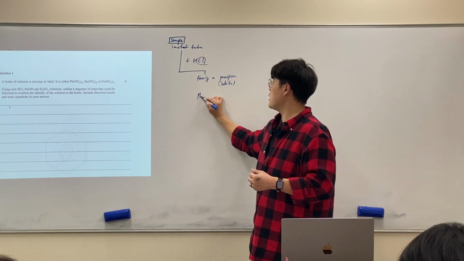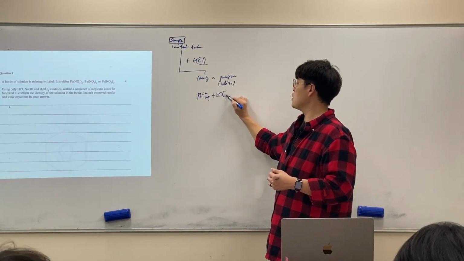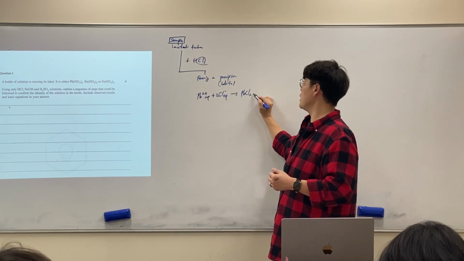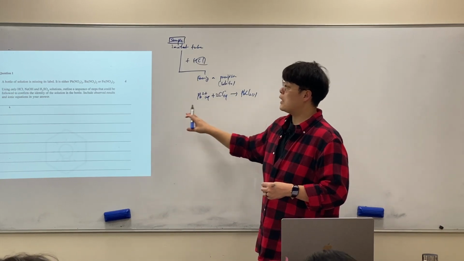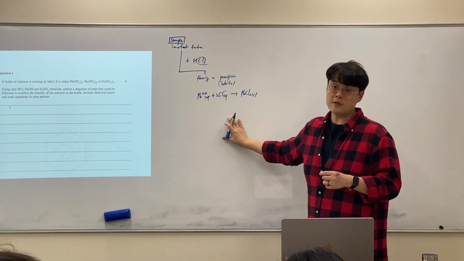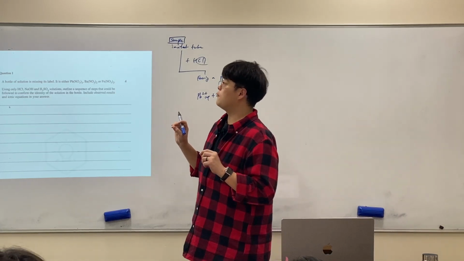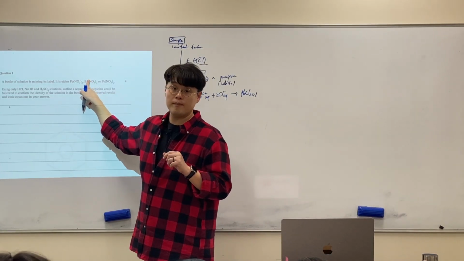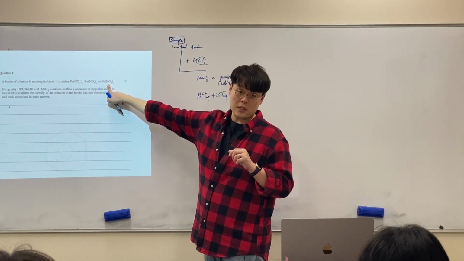This is lead aqueous plus chloride aqueous forming lead chloride solid. If it's forming, then it identifies straight away that this must be lead nitrate, because we know the chloride would not form a precipitate with the barium nor the iron(II). Is that clear? Okay.